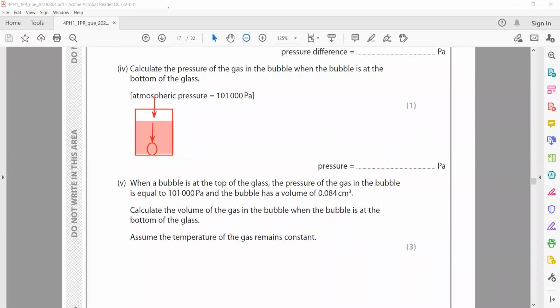The last answer was 2400, so we'll add 101,000 plus 2400, we'll get 103,400 Pascal.